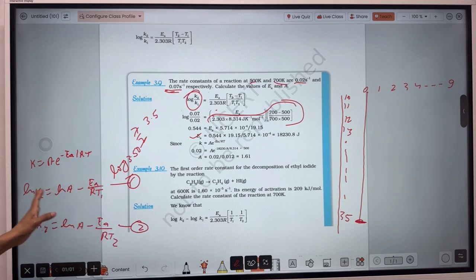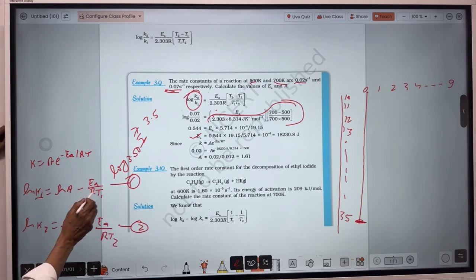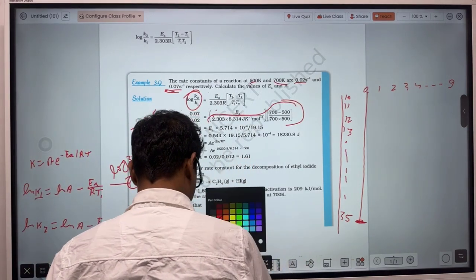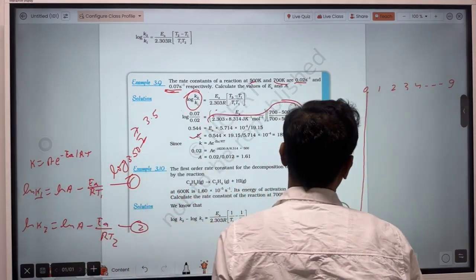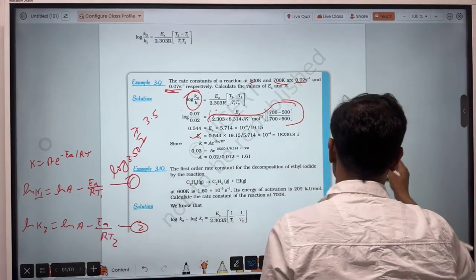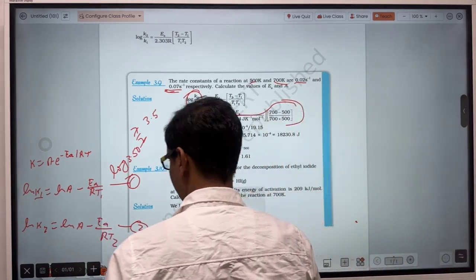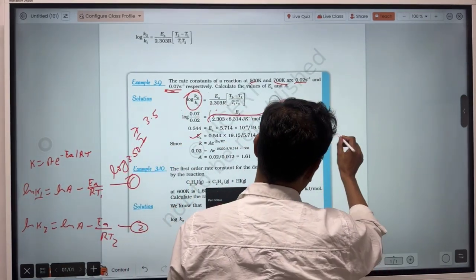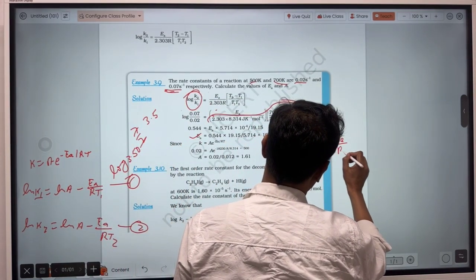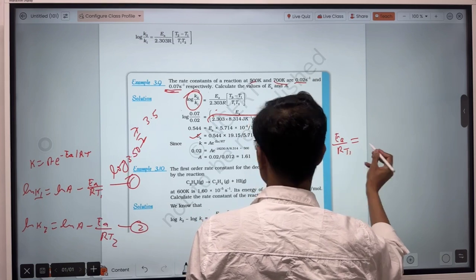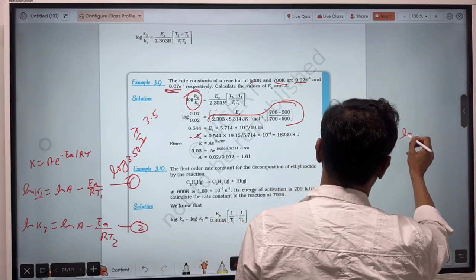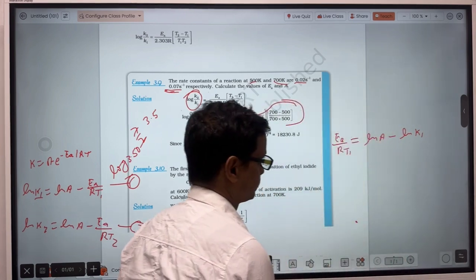So take log K1 equal to log A minus EA upon RT1. So EA upon RT1 will be equal to log A minus log K1.